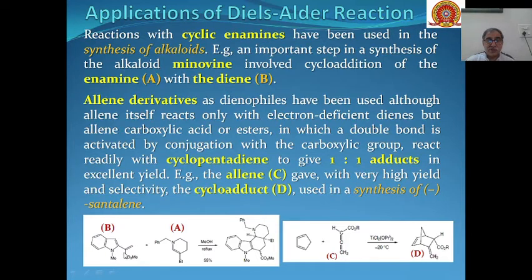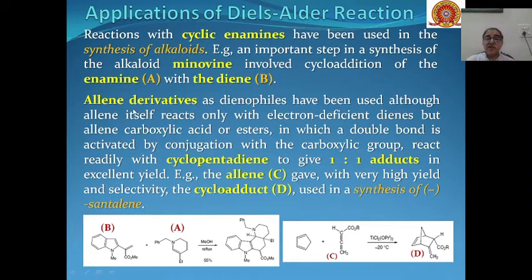So here this will undergo cyclization and you will get this type of alkaloid as the product. Minovine will be formed as a product. And this reaction is an example of 4 plus 2 cycloaddition reaction or Diels-Alder reaction. So here the enamine is acting as dienophile and this indole derivative is acting as a diene.